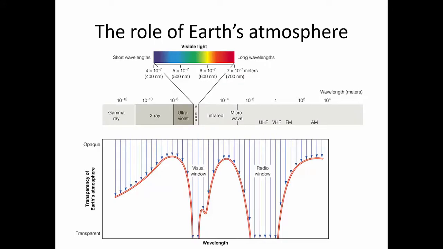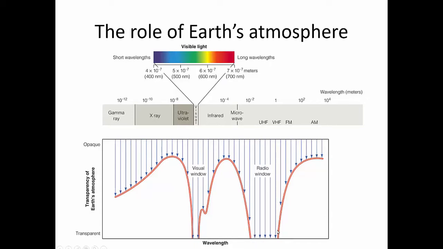This is a figure that shows for the Earth's atmosphere how well different parts of the spectrum get through it. There's a visual window that happens to let visible light through. Our eyes probably evolved the way they did because our atmosphere lets through light of these wavelengths, and so they became sensitive to those wavelengths.